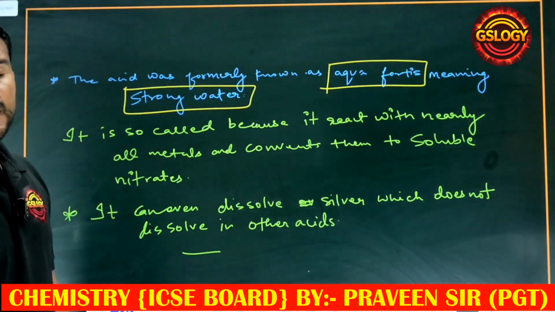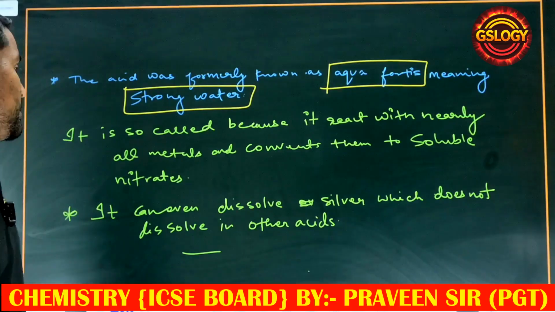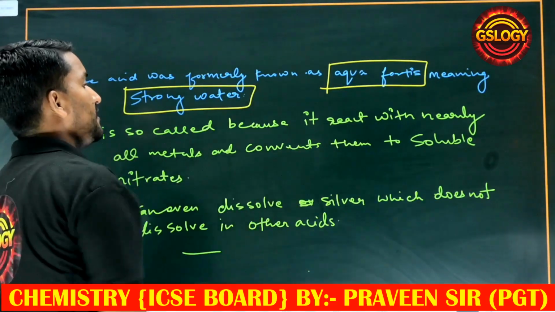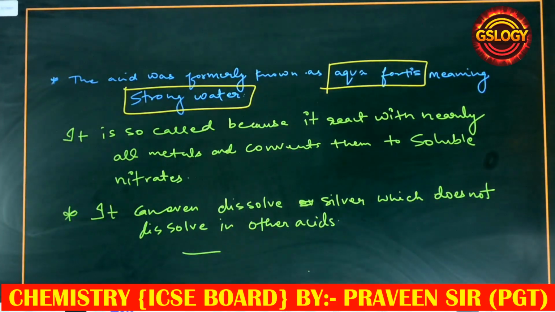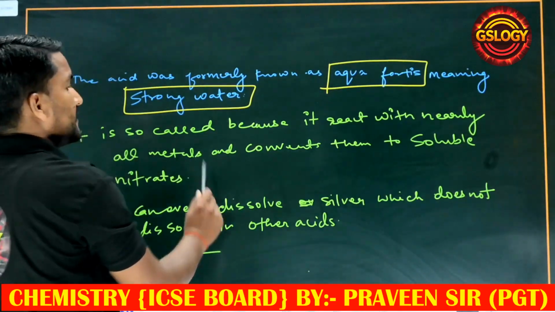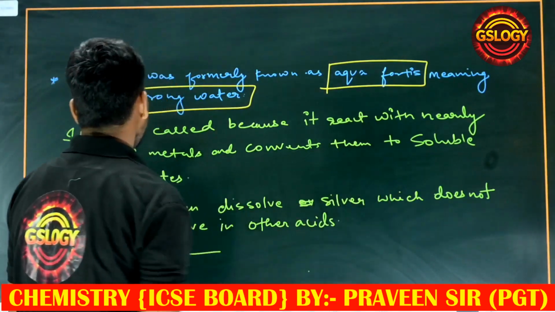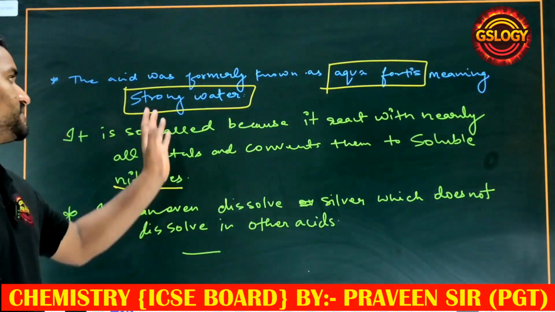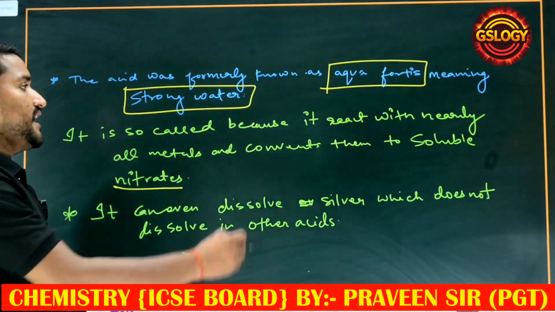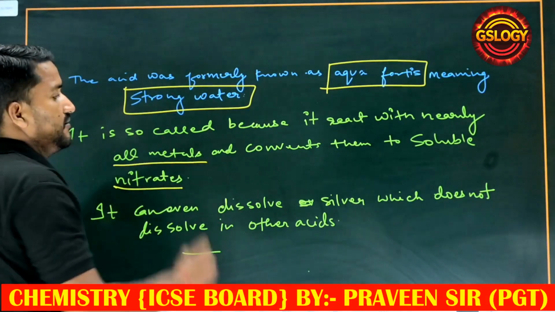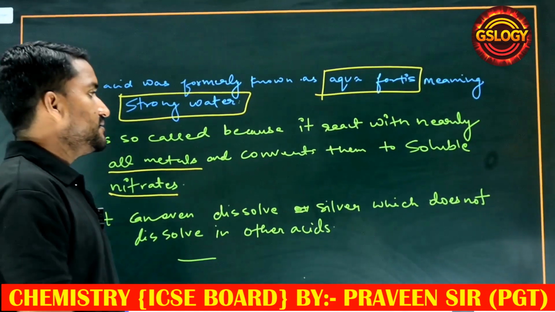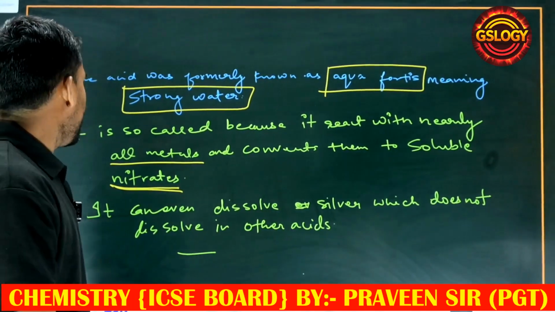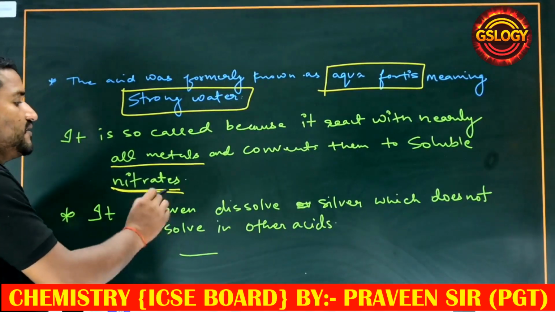Aqua fortis means strong water, and it is so called because it reacts with nearly all metals and converts them into soluble nitrates. Clear?